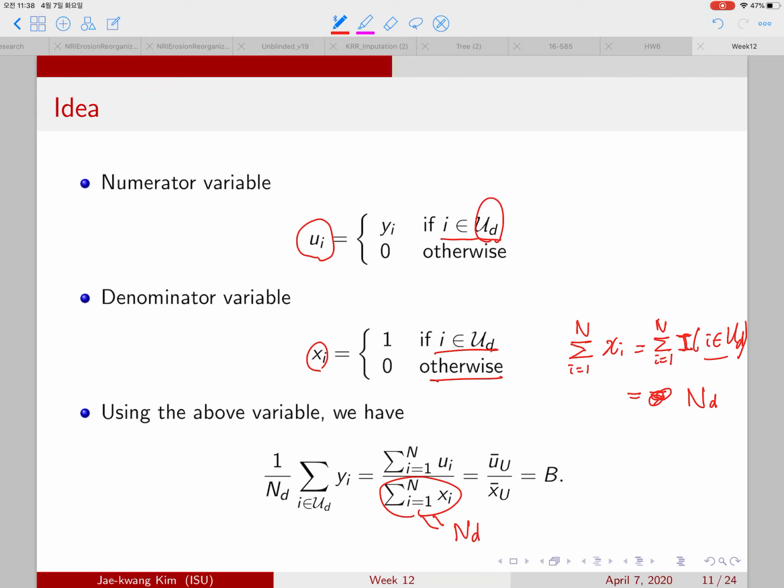And the numerator, the summation of u_i, is what?